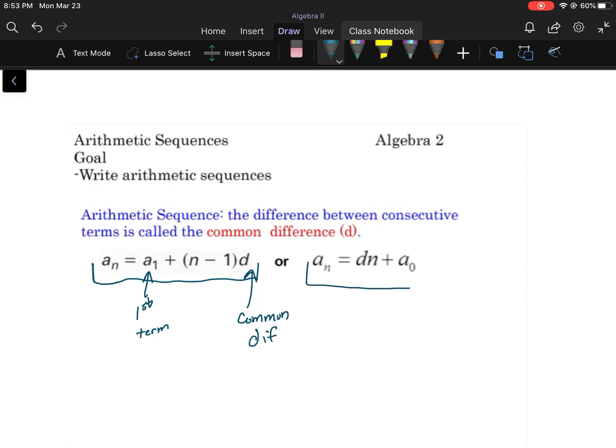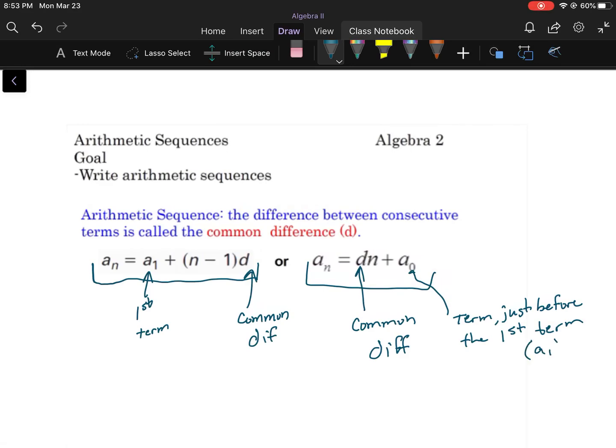This second rule, you still need the common difference, but I get what's called the zero term. So this would be the term just before the first one, or that would be A0. Okay, and I'll show you why I like that one a little bit better.